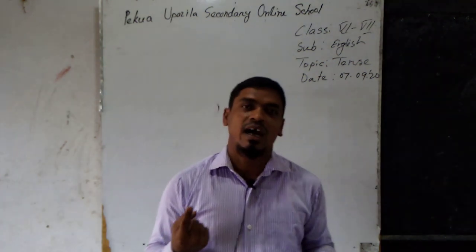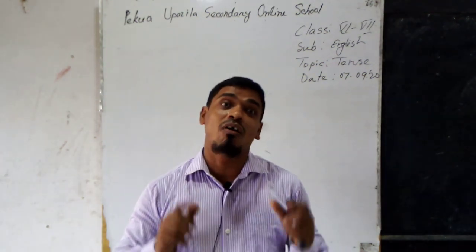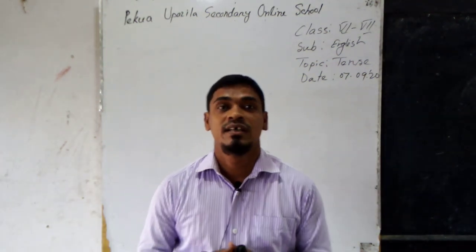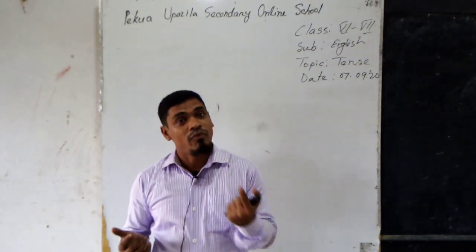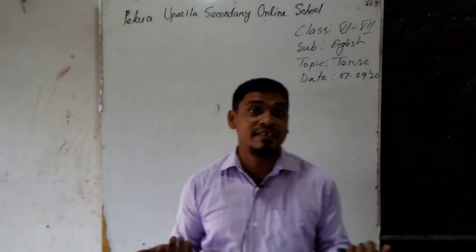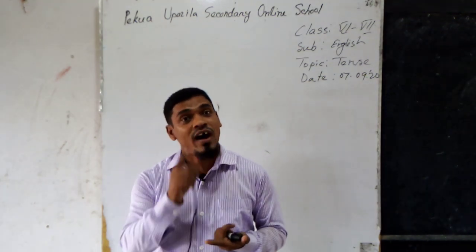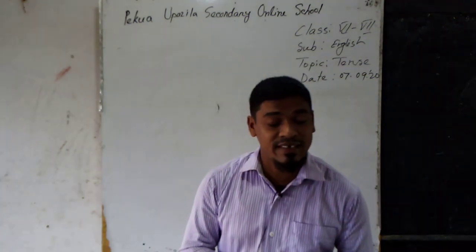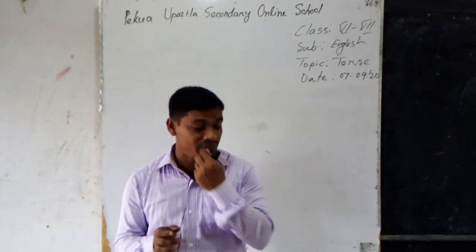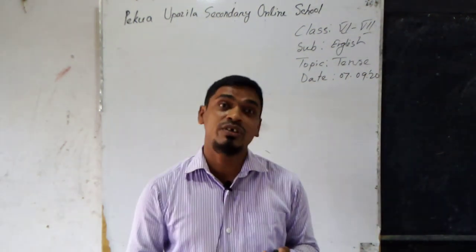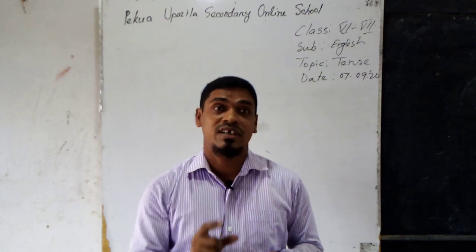But today, I try to teach you all forms of one tense. We generally know one structure, which is called main structure. Actually, one tense has 5 structures, minimum 4 structures, but most of the students have 5 structures. I try to teach you 5 structures totally.